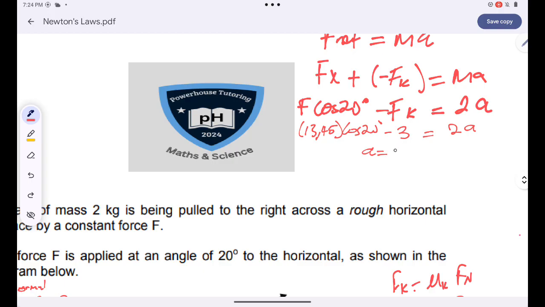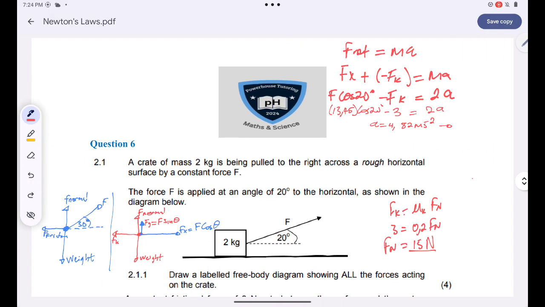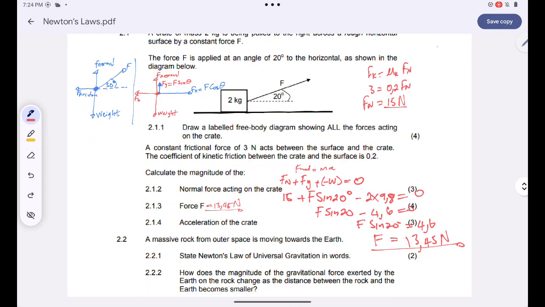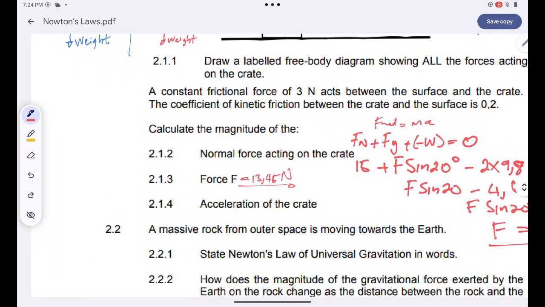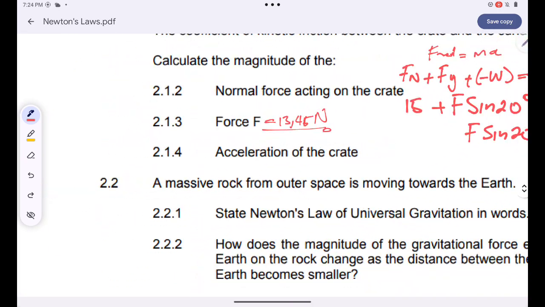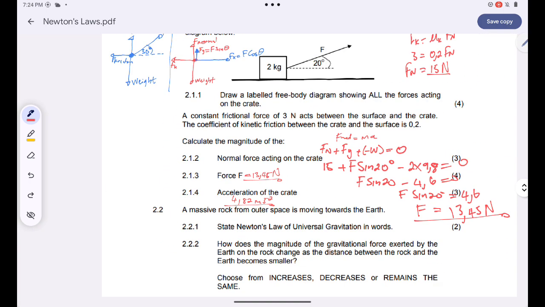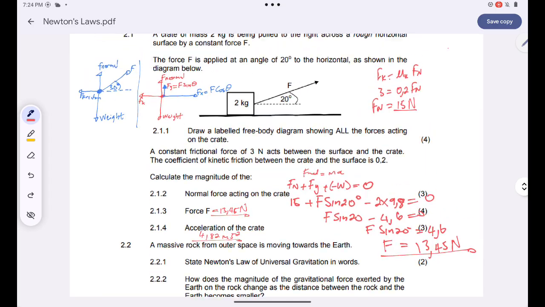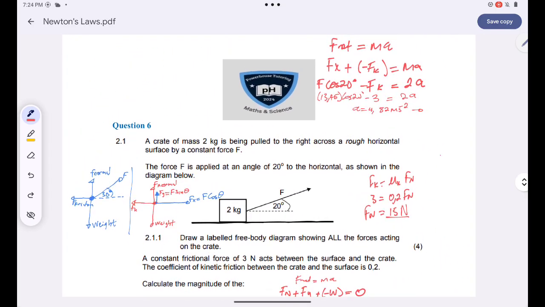I'll simply get an acceleration of 4.82 meters per second to the right. They wanted the magnitude only, so I'll just say 4.82 meters per second. I answered here, guys, without even assigning the direction.